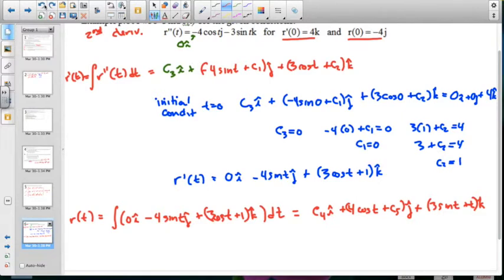And what did I forget there? I forgot my constant of integration. So plus t plus a possible C6 k. So there is my vector valued function. It's getting a little complicated, but let's look at those initial conditions again.